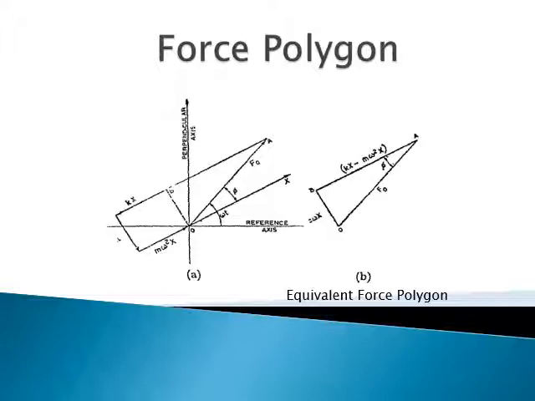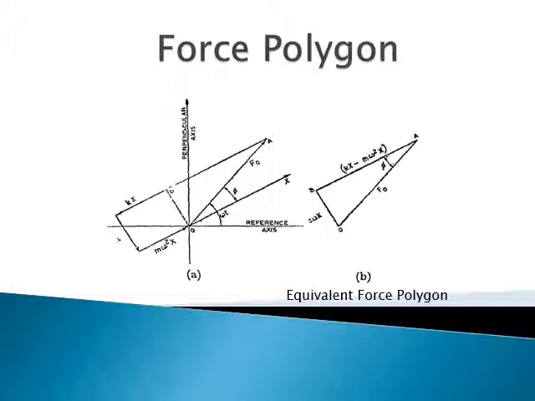So merging these two, we will get Kx minus m x omega square, and c omega x is the damping force. On the y-axis it is at 90 degree angle, F0 is our external applied force, and phi is the difference between these two forces. The equivalent force polygon is shown in diagram B.